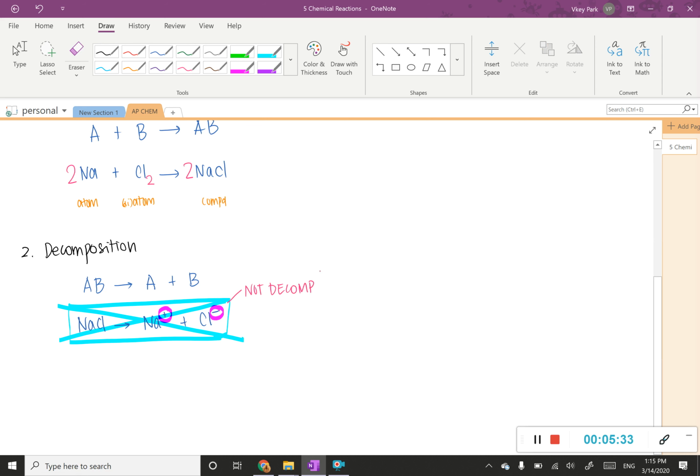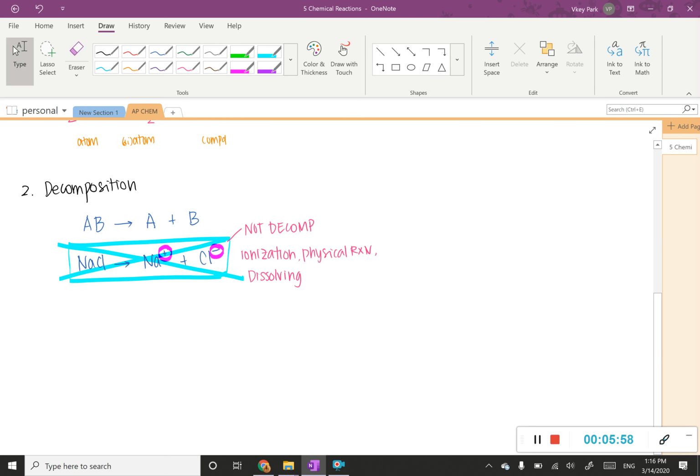So then what the heck is this? This is called ionization, or a physical reaction, or dissolving, okay? Any standardized exam, whether it's the SAT2 or the AP, will always use one of these terminologies to describe this ionization, non-decomposition.